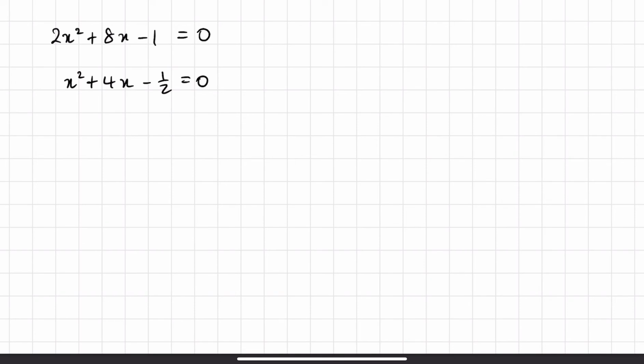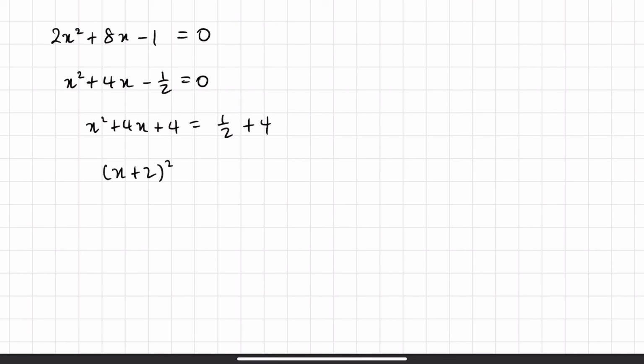Okay, so firstly, before I do anything, I'm just going to move the half to the right-hand side. And let's complete the square. So half of 4 is 2, and if you square it, it's going to be 4, and let's add 4 to the other side as well.